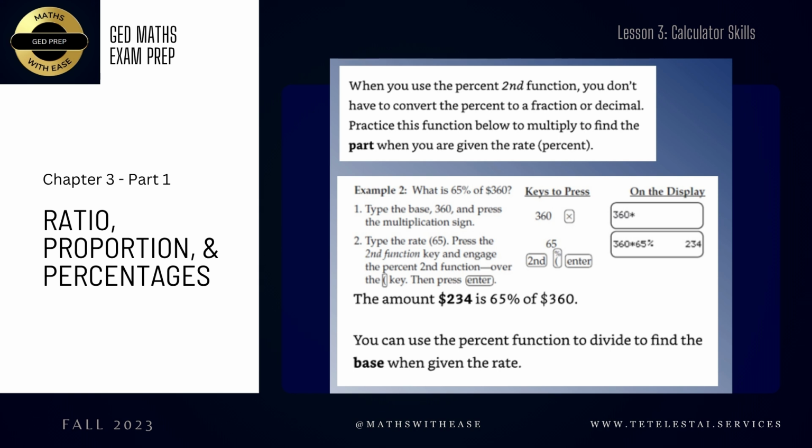So when you use the percent second function, you don't have to convert the percentage to a fraction or a decimal, because the calculator immediately already knows what it is that you're trying to do. So the example that follows just shows you how we can practice using this function to find the part when you're given the rate.